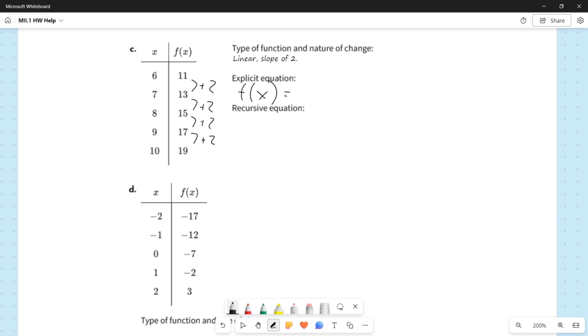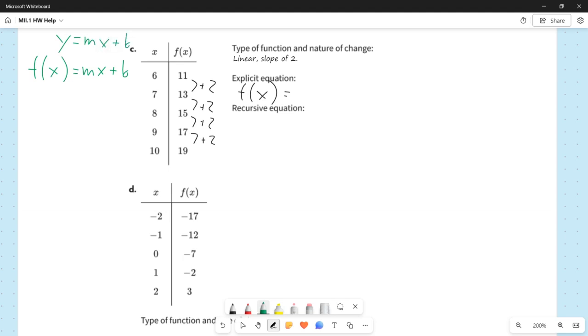So with a linear function, I'll just do this over here on the side. For a linear function, we're looking for something like f of x equals mx plus b. This, of course, is very similar to y equals mx plus b.